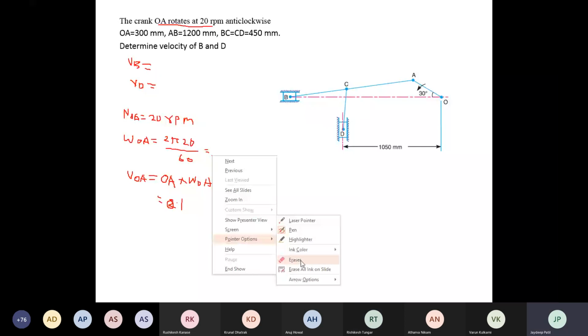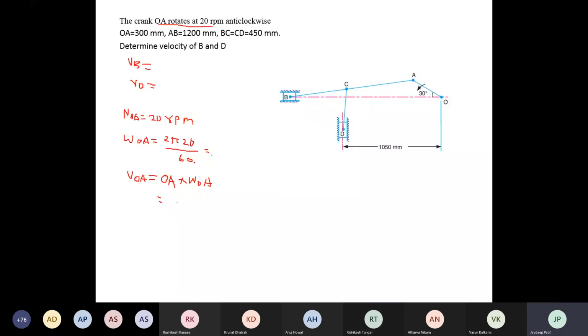Now, I will repeat here. What is the magnitude of omega OA? 2.1 radian per second. And velocity OA? 0.63. Okay. Now here you have to find out, using the input speed of link OA, 20 rpm, omega OA.